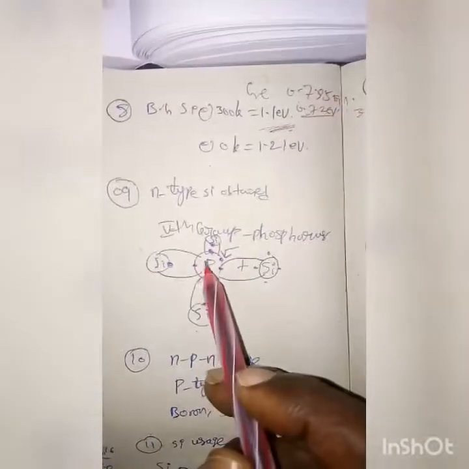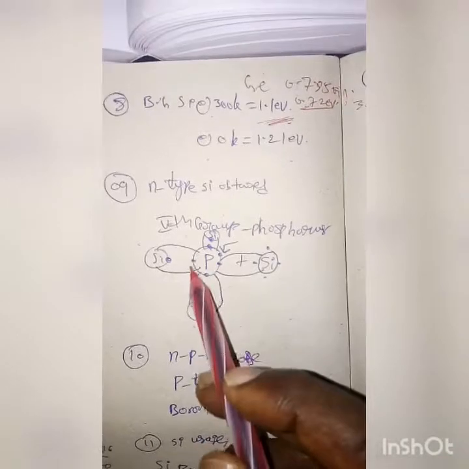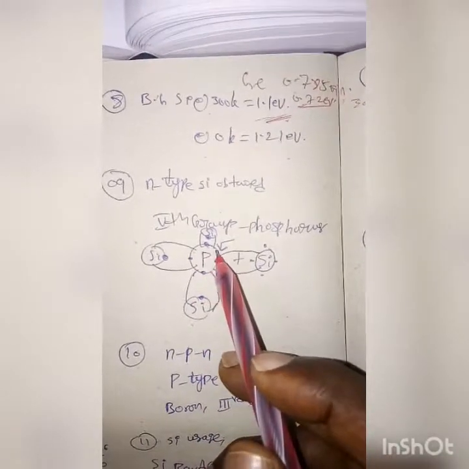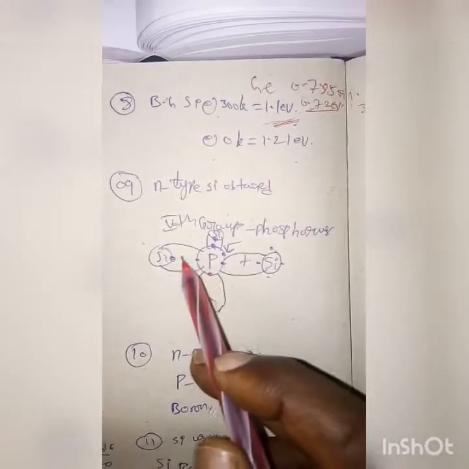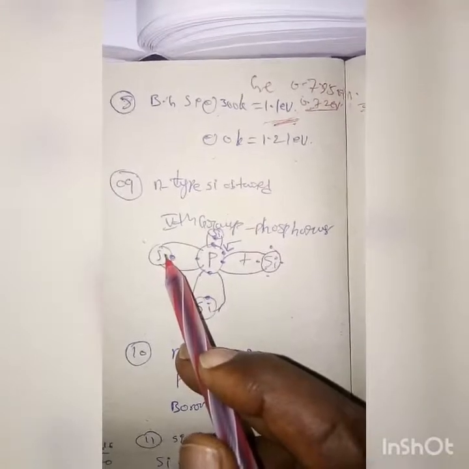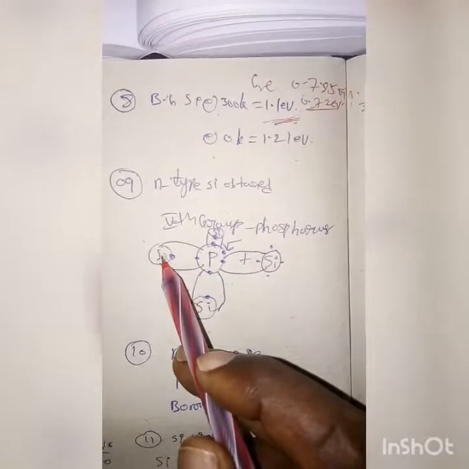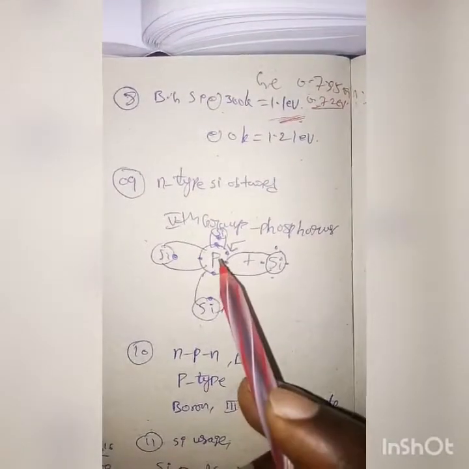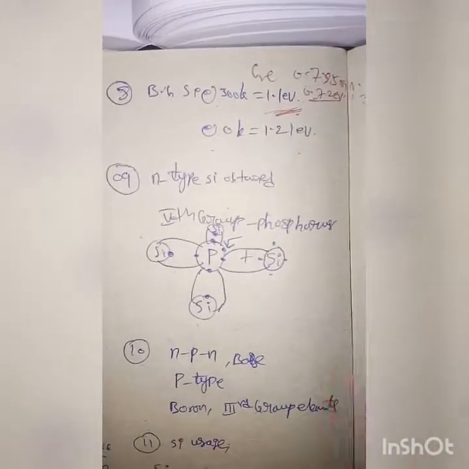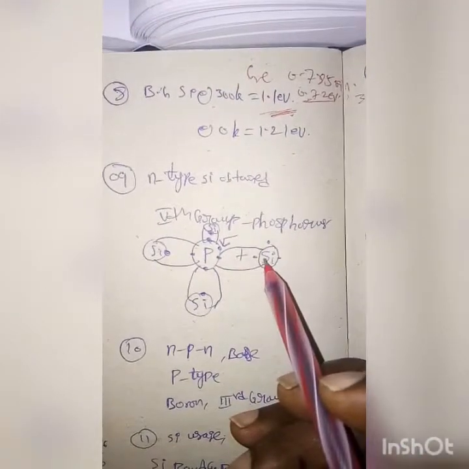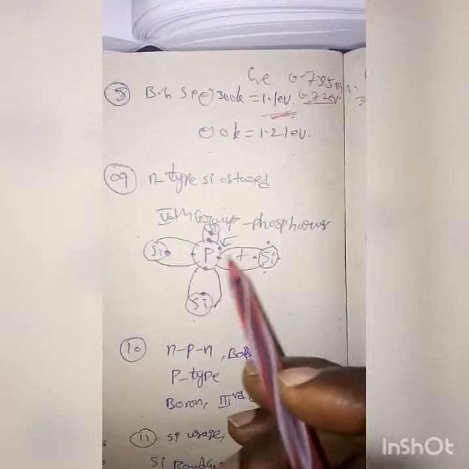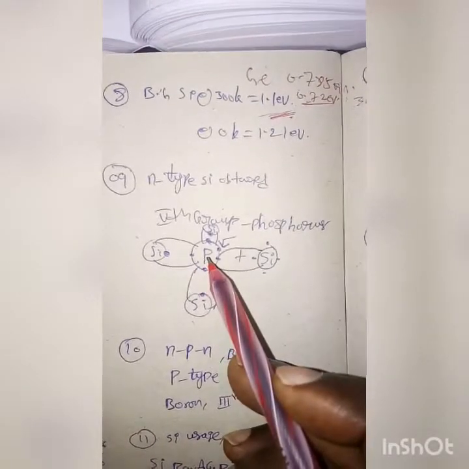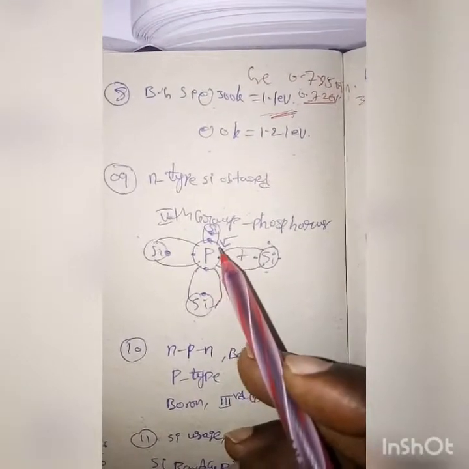So see how the bonding is formed. Phosphorus has 5 electrons in its valency, and each silicon has 4 valence electrons. Four of phosphorus's electrons form covalent bonds with silicon, but phosphorus has 5 electrons, so 1 electron is free.